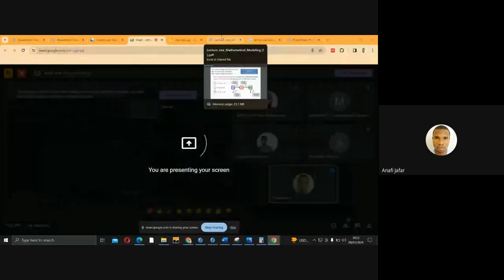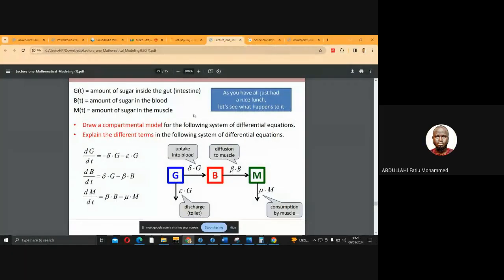Now, can you form a story with that? I think a story can be formed based on the biological model. A particular amount of sugar enters into the gut, which is a compartment. Now some enters into the bloodstream from the gut.